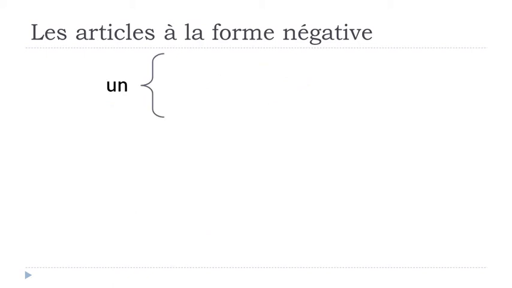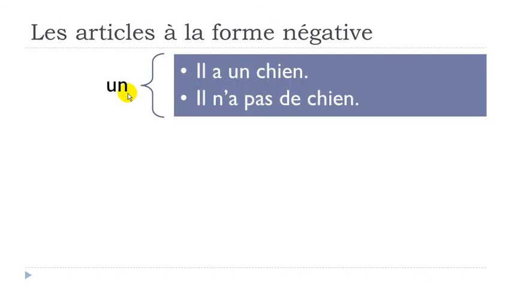Okay, so let's see the example for the article indéfini at the masculine form, like un, for instance. And then let's see how it goes. Il a un chien. Okay, un chien, a dog. And here we've got the verb avoir. Okay, il a un chien. So a dog. Okay, so keep in mind that if you want to transform this sentence at the negative form, then il n'a pas de chien.